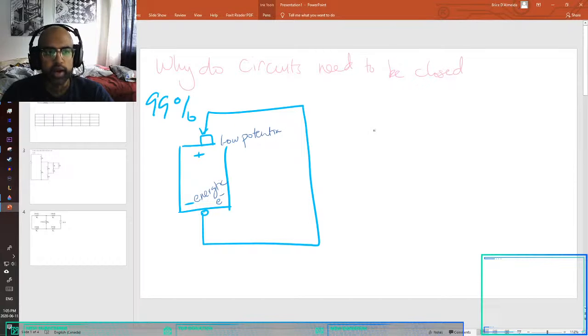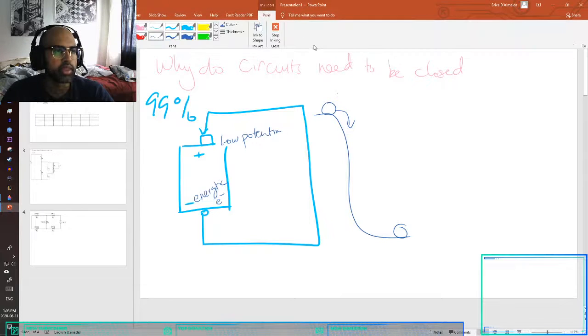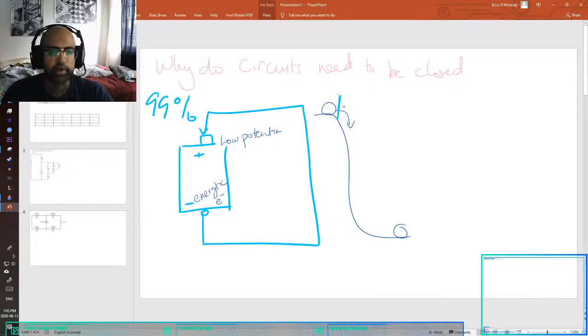The same way, let's use the ball analogy. Here, the ball has an easy time going down to a low potential because the hill is open. What if we put a barrier, though? What if we made little walls around the ball here? If we put a barrier here, now something is obstructing it from going down.